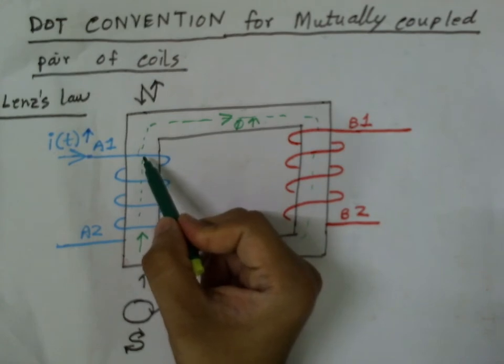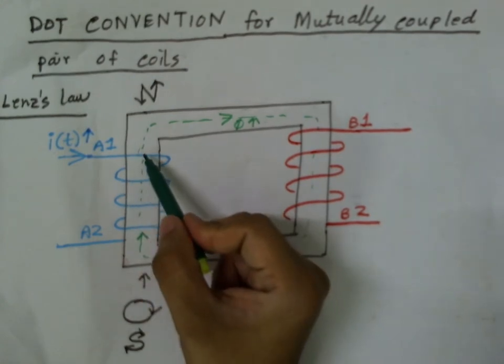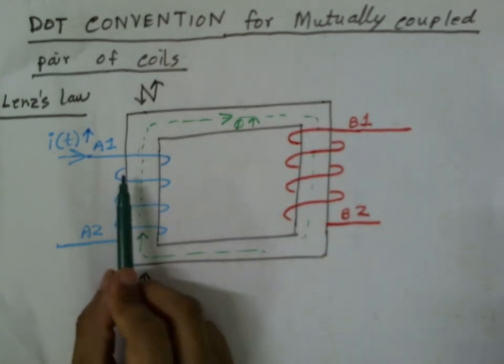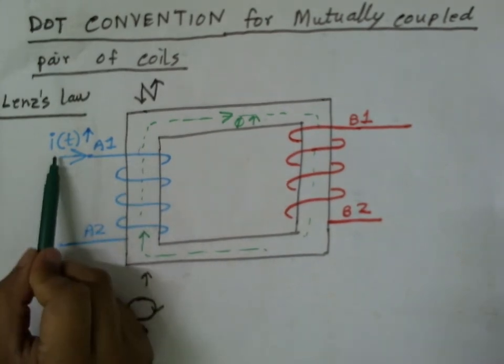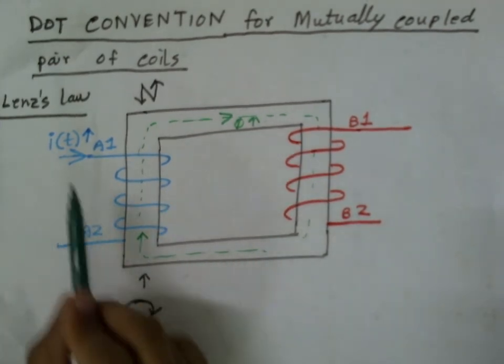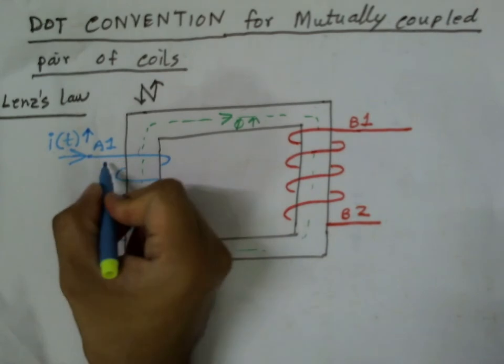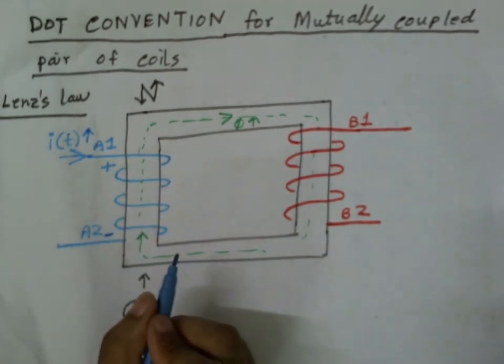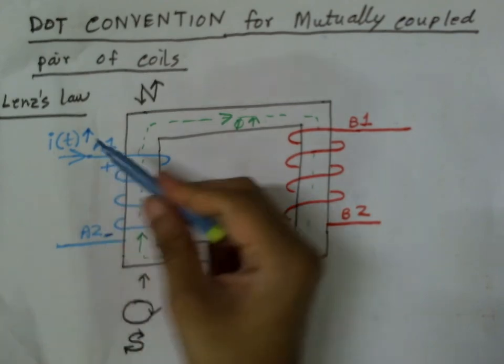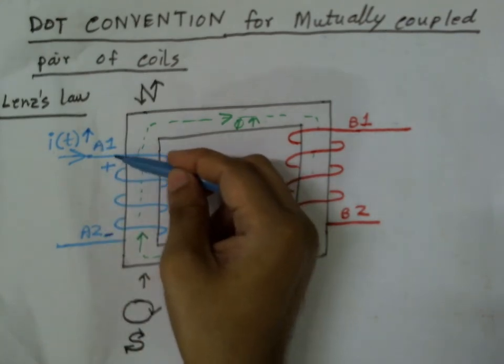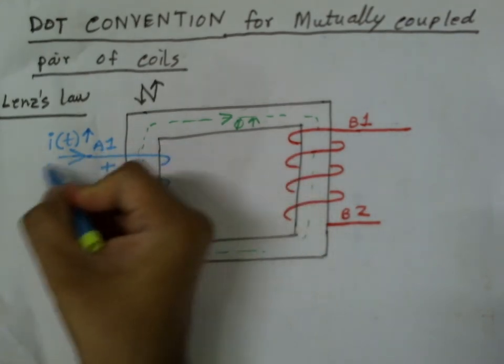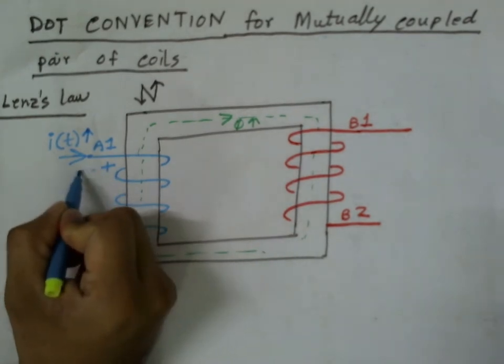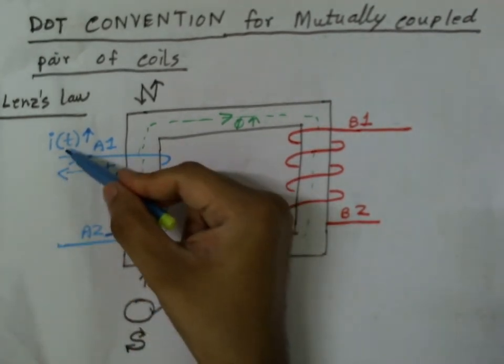So the induced EMF should try to drive a current in the opposite direction to this current i(t), and therefore this side will be plus and this side will be minus.